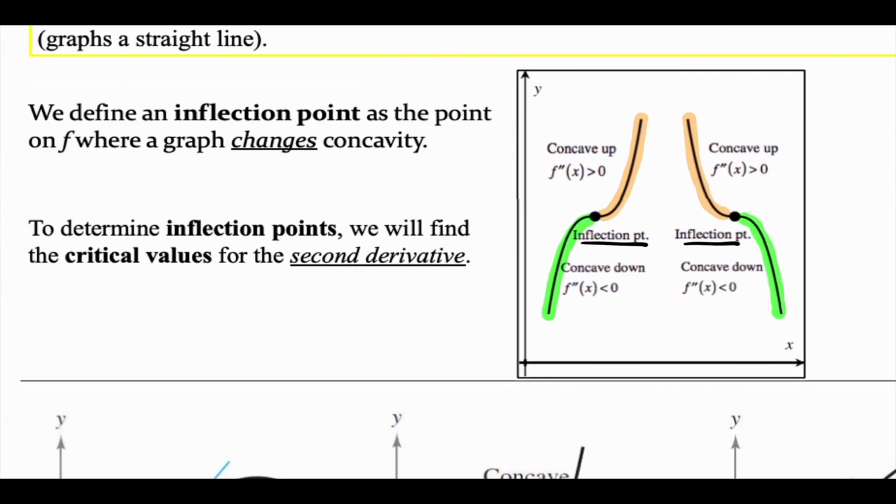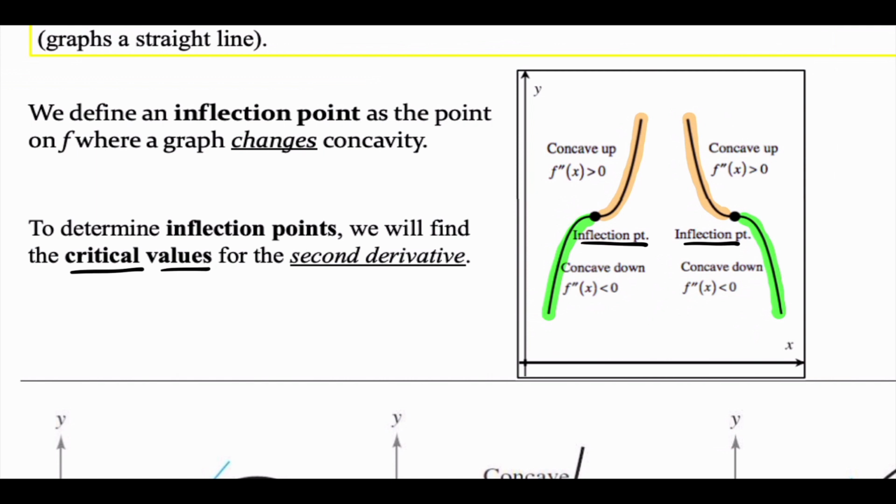Remember, for the first derivative test, we used the words critical values. We still have critical values. For the first derivative test, critical values told us where it switches from increasing to decreasing, or from decreasing to increasing, which creates a maximum or minimum.